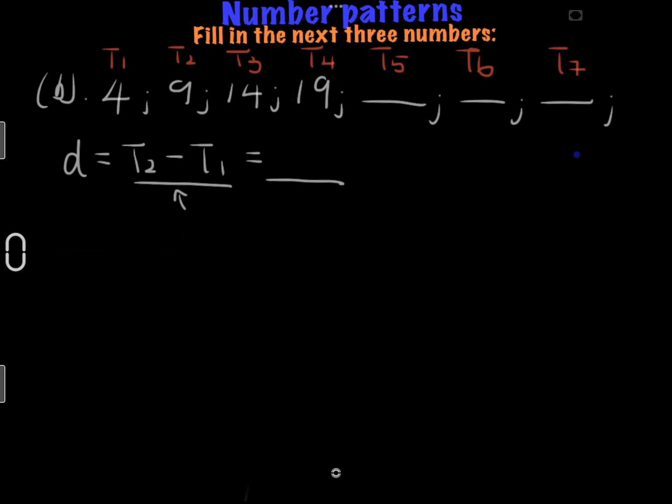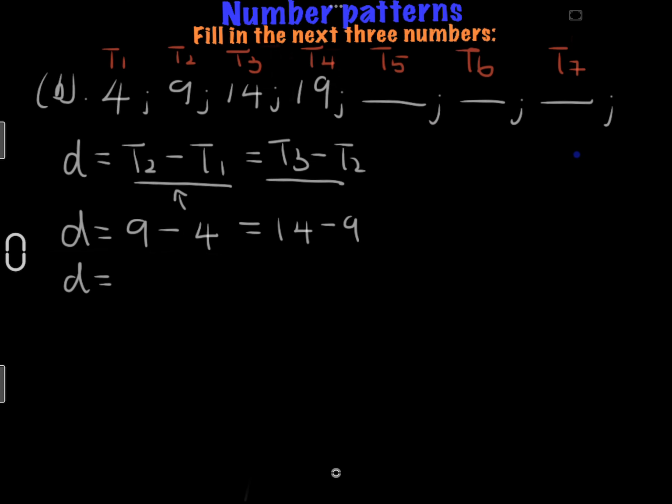So we have term 3 minus term 2. That's how you find the common difference. In this case, we have term 2, which is 9, minus term 1, which is 4, should be equal to term 3, which is 14, minus term 2, which is 9.